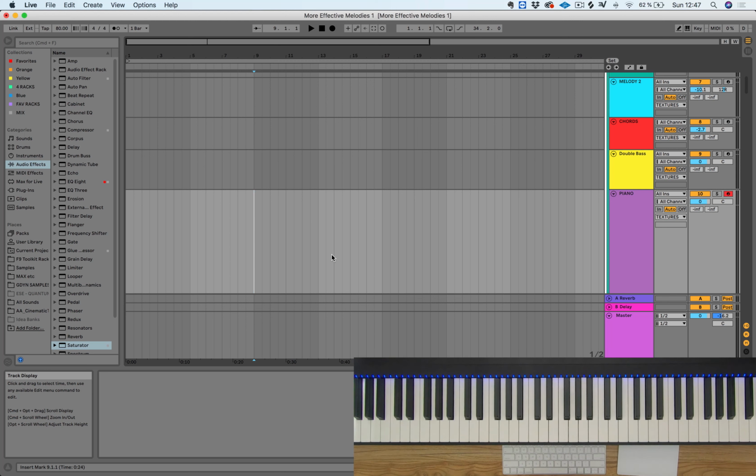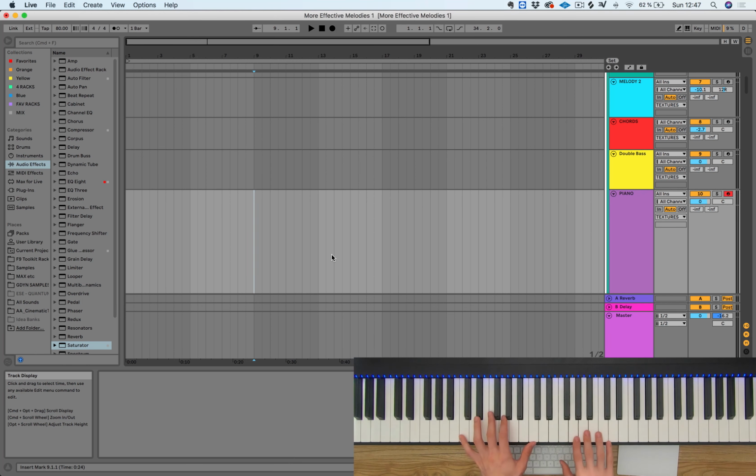So when I say the modes, let me just show you another example, which would be borrowing, say, from the Lydian scale. And we know the Lydian goes like this. And that scale would have D major in it.